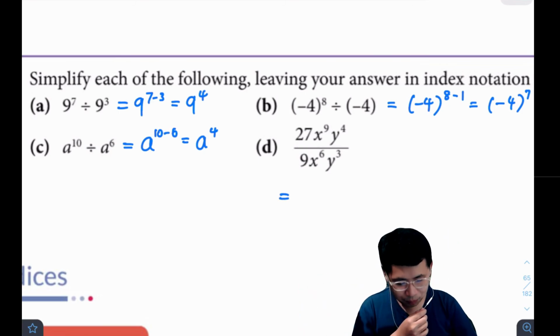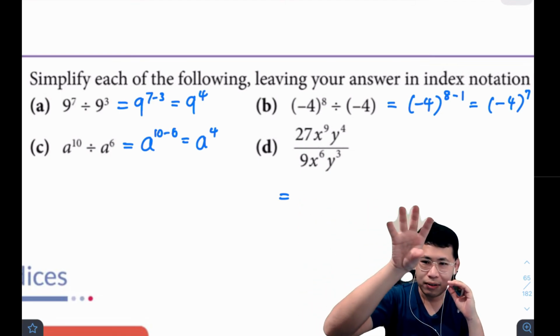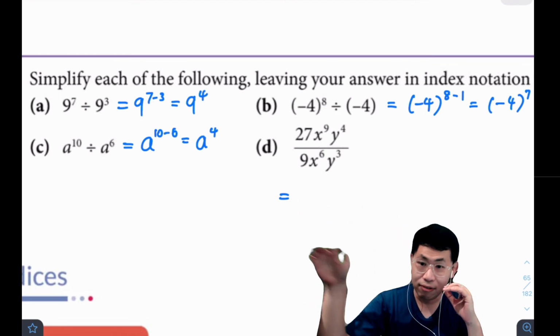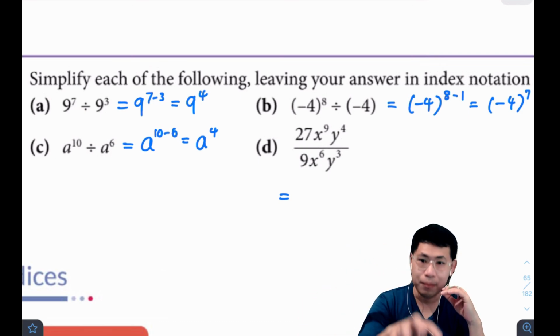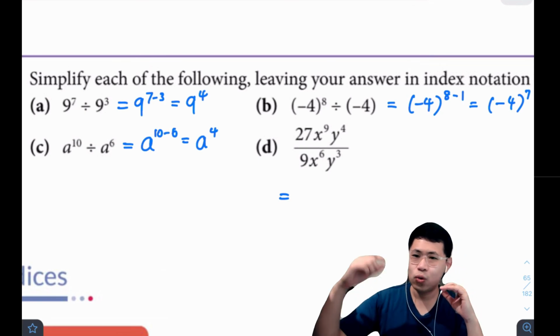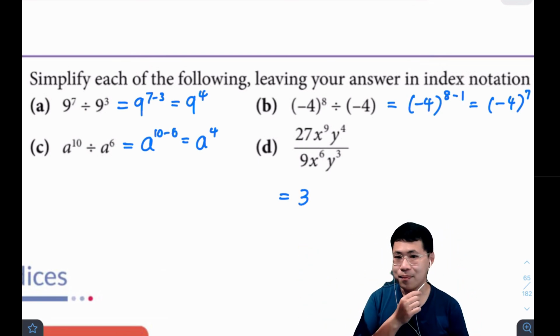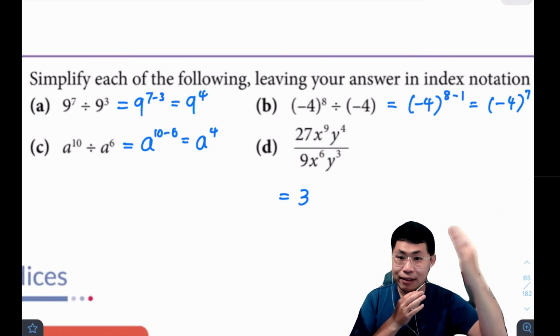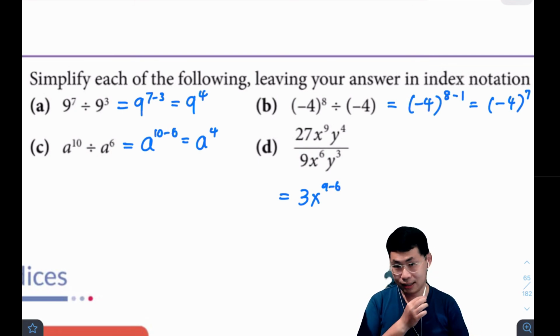So I'm going to do this together. The numbers on top, 27 x power 9 y power 4 divided by 9 x power 6 y power 3. So what we have over there is 27 divided by 9 is going to be 3. Then x power 9 divided by x power 6, we have x power of 9 minus 6.